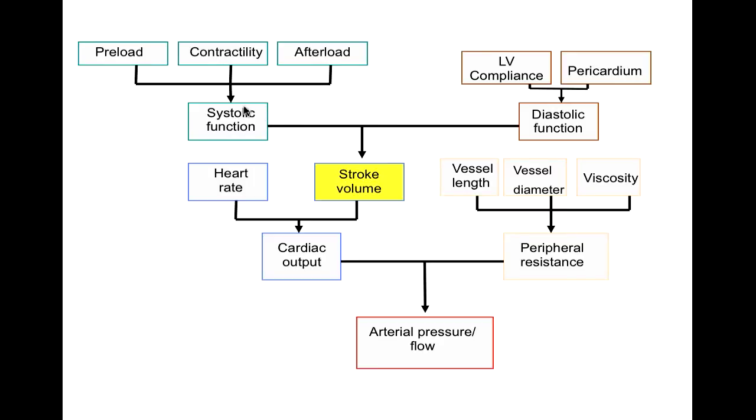The other is systolic function. Now, diastolic refers to basically relaxation. And think about it. If we have a chamber, say the left ventricle, and I want to have blood come out of it, it's not only the contraction of that chamber, it's also the ability of it to fully relax so it can eventually fill.